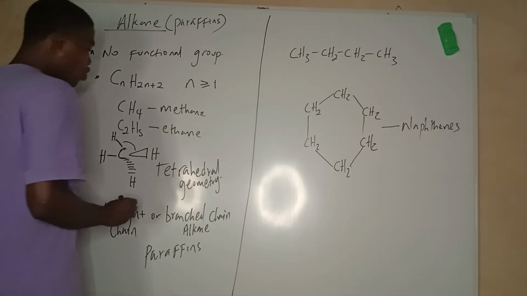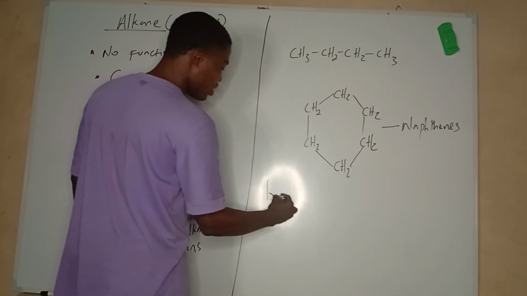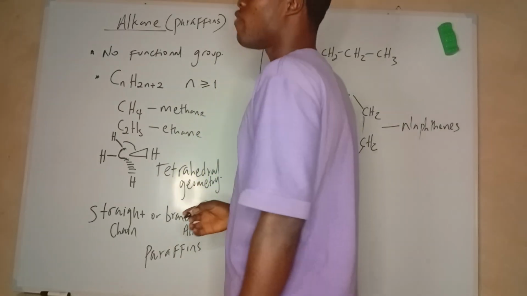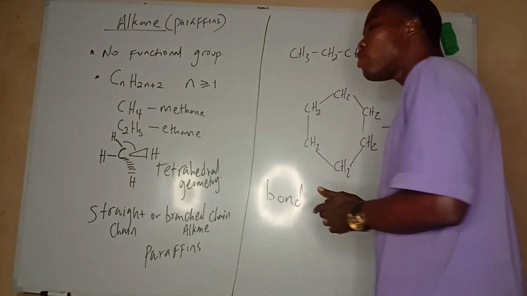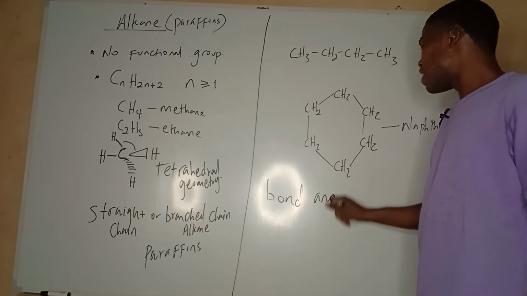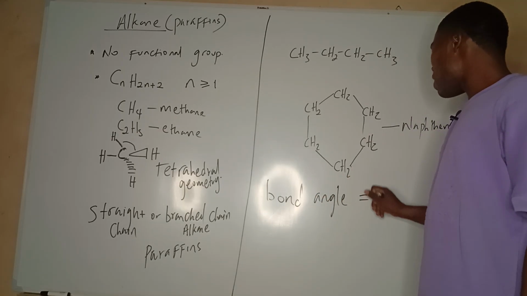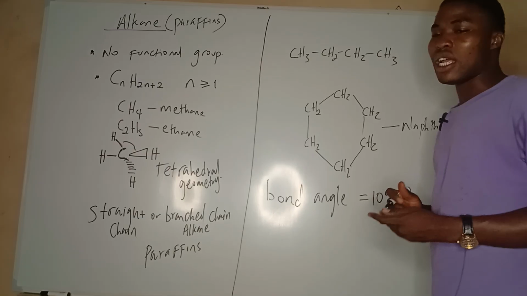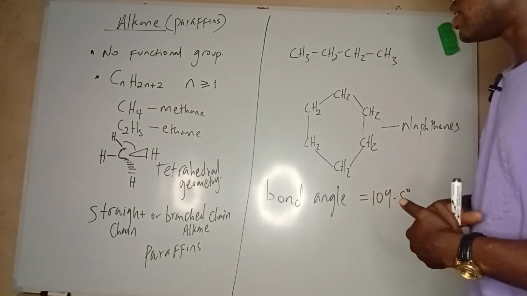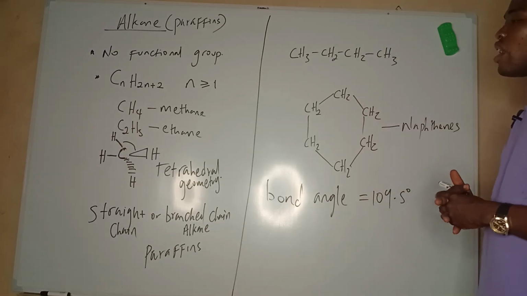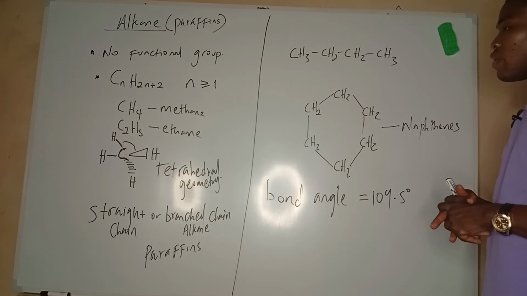The bond angle for the alkanes, whether cyclic chain or straight chain, in as much as you have single bonds and you're a hydrocarbon with no functional group, is usually 109.5 degrees. Some other texts will say 109 degrees 28 minutes. That's for the bond angle of the alkanes.